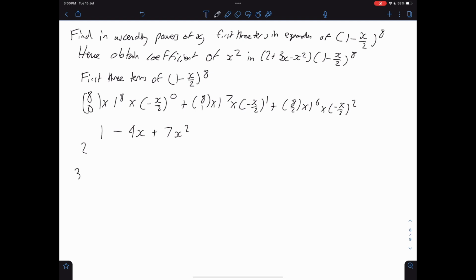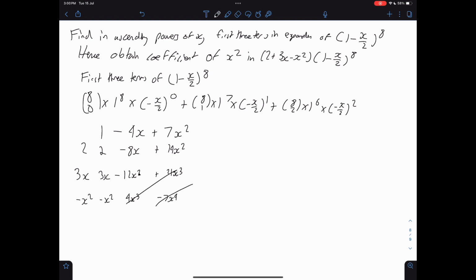Now, we then multiply that by 2 plus 3x minus x squared. The quickest way for me to do that would be with a grid. But when you do write this out, working out, you should probably also, and if you do, you can still use a grid, but also write out the proper multiplication brackets. But in this case, it's easy to just do the grid.